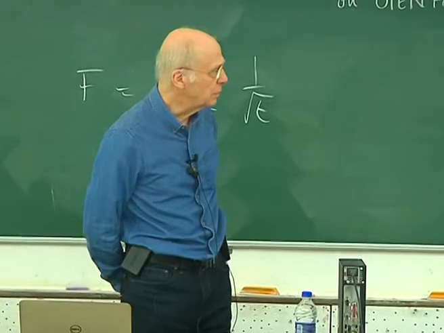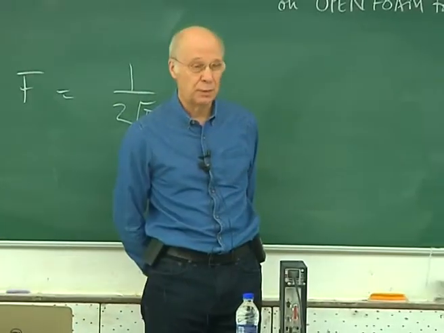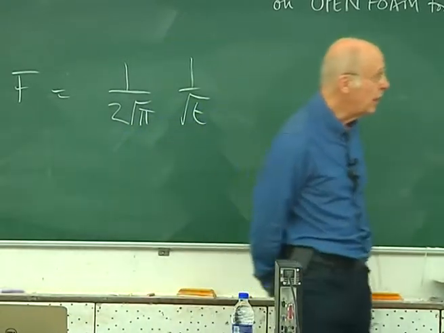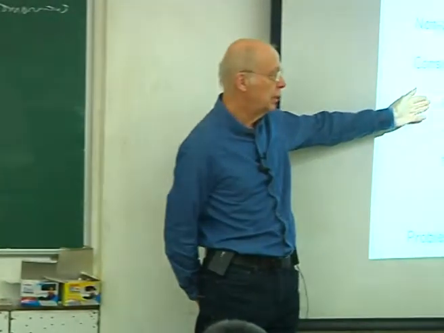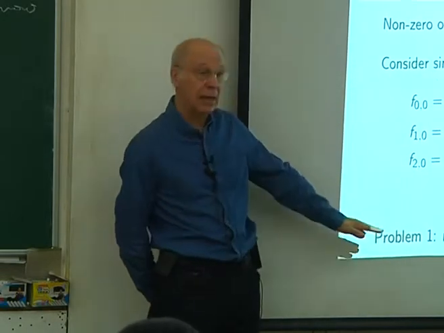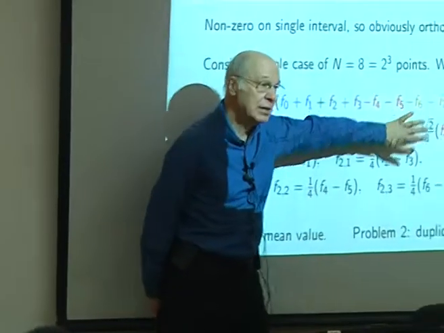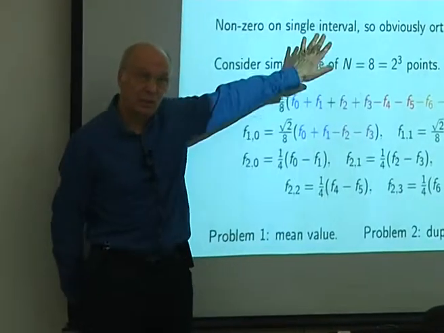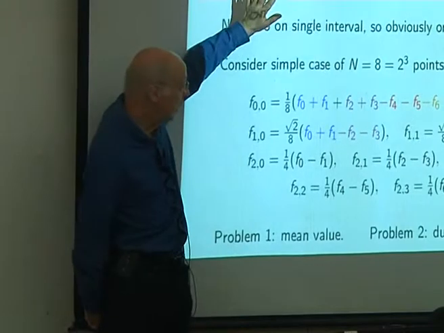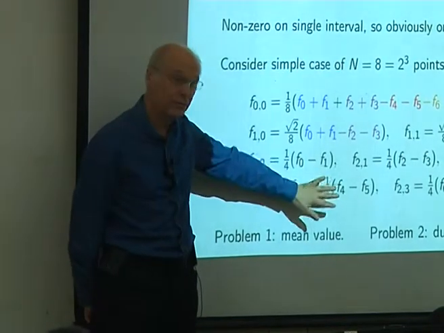So there are 2 problems with this, which if we recognize there are problems, we can learn from. One is this doesn't represent the mean value, because I have the difference between the first 4. Everything's a difference. So the mean value is not there. That's because there are not 7 points, but there are 8 points, and I only have 7 variables here.